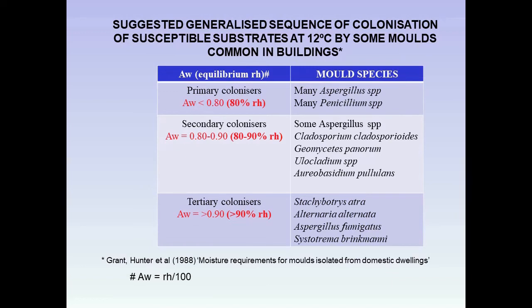So we have these different requirements for different levels of colonisation. And it's highly likely that much of the mould in buildings does not require condensation. It develops via these primary and secondary colonisers due to very high humidities developing.